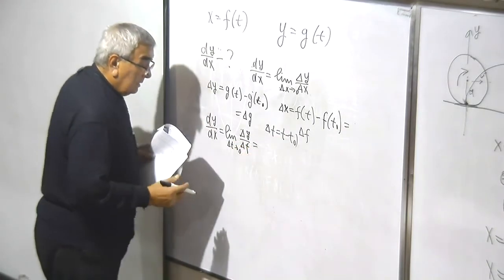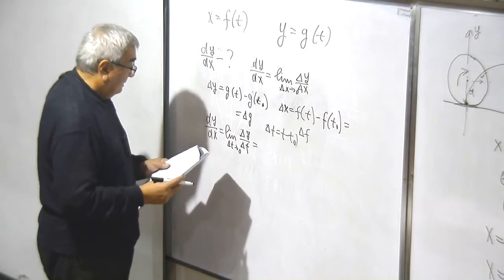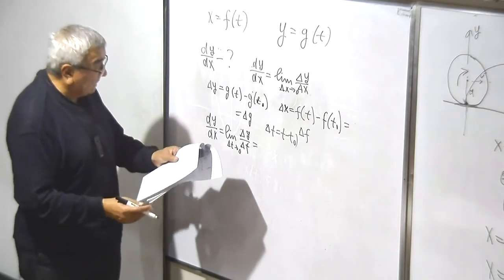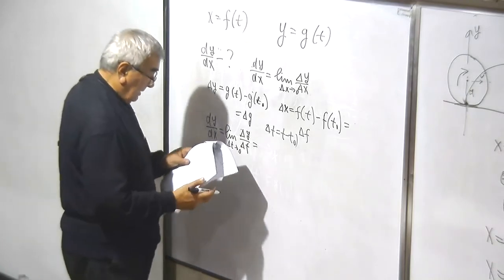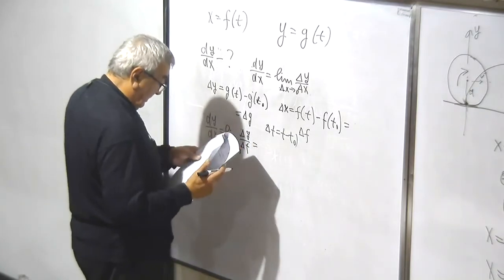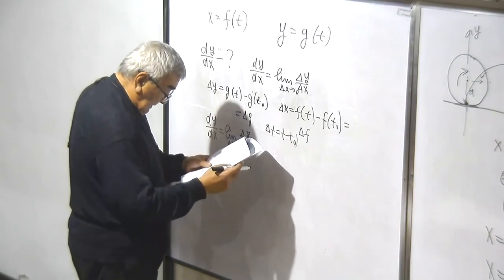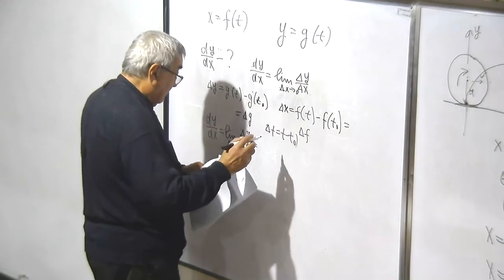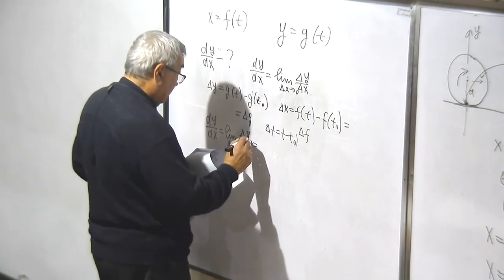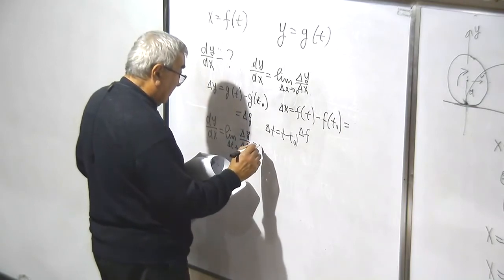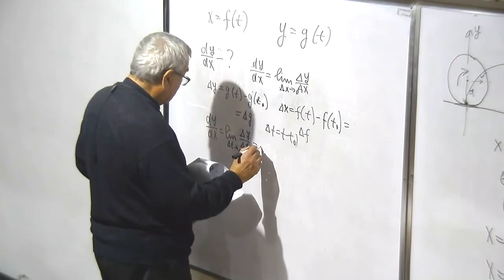This is possible to rewrite in the following way. I will divide by delta t and this I will divide by delta t.